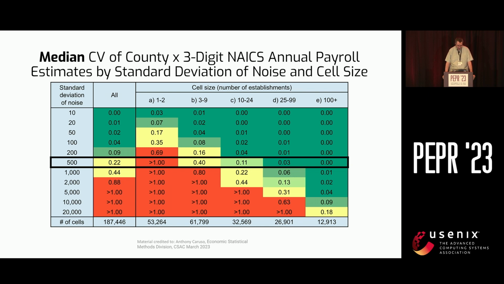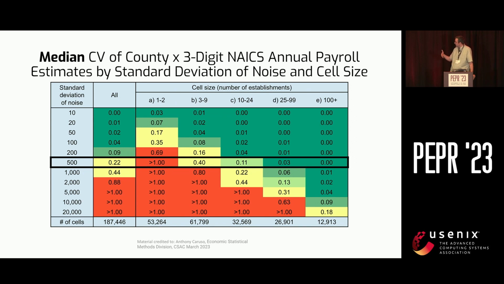I'm presenting it this way, but you could have different privacy loss values and different mechanisms for splitting up your data that can all lead to the same standard deviation of noise. That's what we're focusing on here. And then we're using coefficient of variation as a measure of accuracy or utility here.